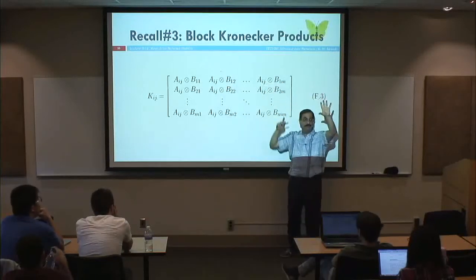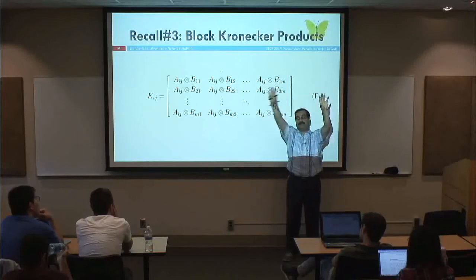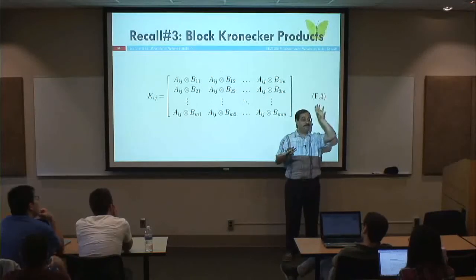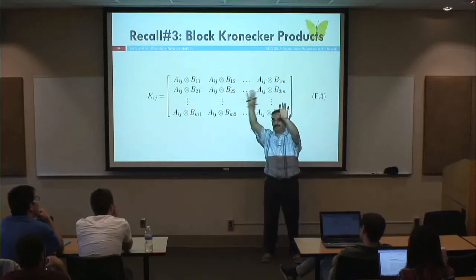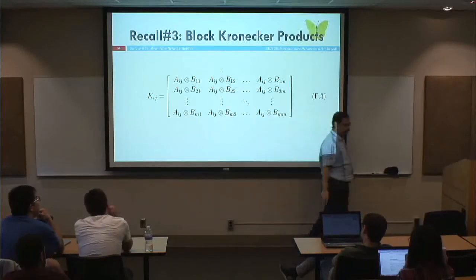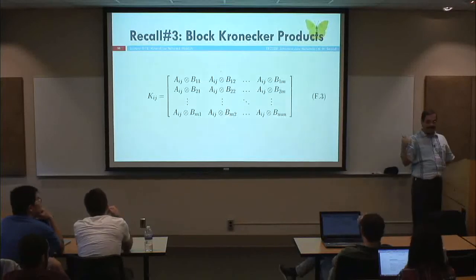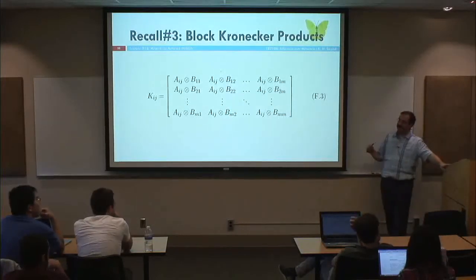Take this A11 Kronecker product with everybody. That gives you K11. And you move to K12. You take A12 Kronecker product with everybody. It is Kronecker products like this that come up when we study evolution of networks. That's why, you already know why.